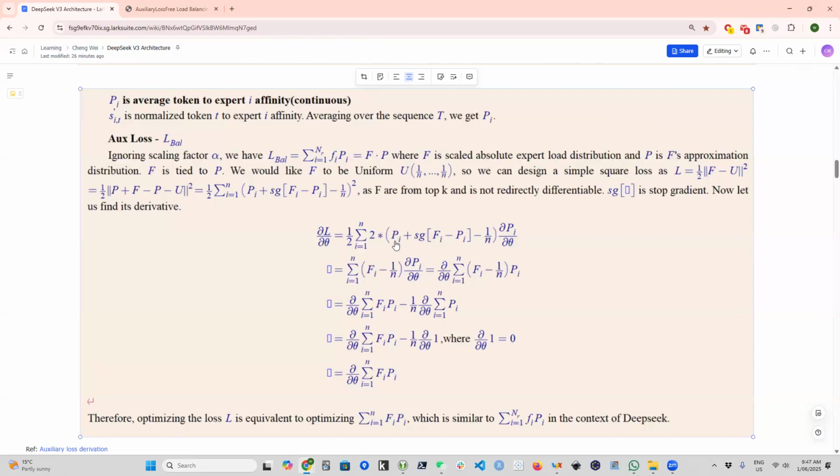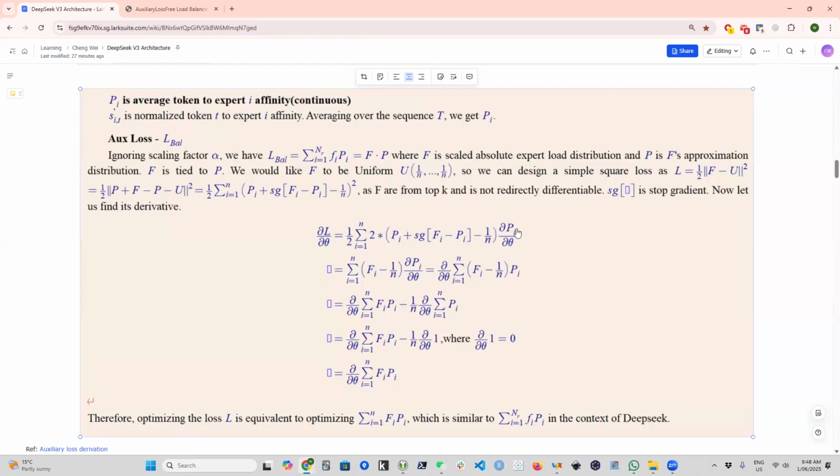So this part no longer has a derivative, so this one minus this one, we can remove it. Only this part has a derivative. So we remove the bracket and combine these two, and they cancel out. We are left with Fi minus 1 over n.